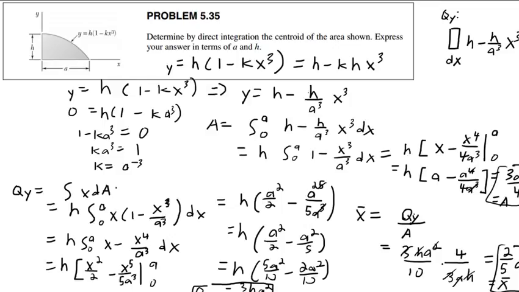We still need to find the y bar. Okay, questions on this?